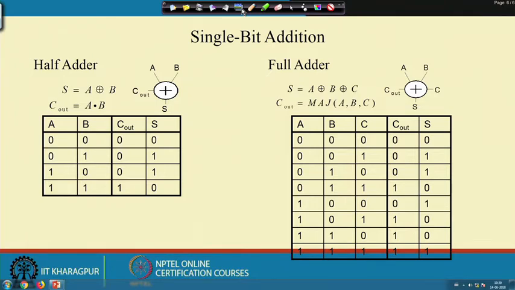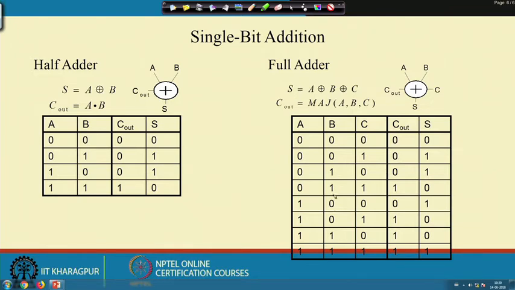If you look at this table, I have A and B along with this carry in bit. Here we have A and B as 0 0, and for 0 0 I can have carry in values of 0 and 1. So, what will be the corresponding sum and C out? If carry in is 1, then sum will be 1, and carry out will be 0.